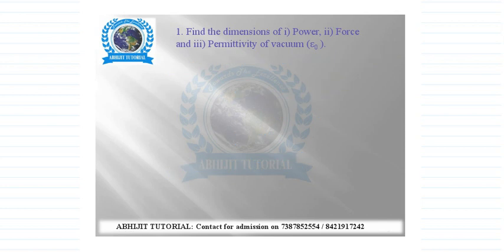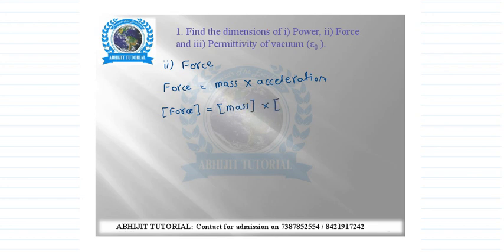So second is our force. As we already know, force can be expressed as mass into acceleration. So its dimensions can be found by using the dimensions of mass and acceleration. Therefore, the dimensions of force equal the dimensions of mass multiplied by the dimensions of acceleration.